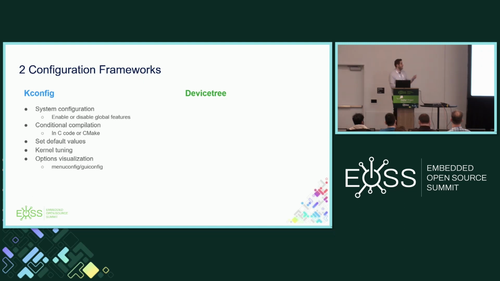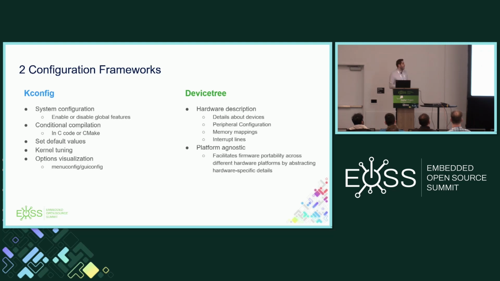And then on the other side, we have the Devicetree. As its name indicates, it's for devices, for hardware description. So for details about devices, for peripheral configuration, like also memory. If you have memory mapped addresses, where are these addresses? How to configure interrupts, which interrupt line, and so on. It is platform agnostic.